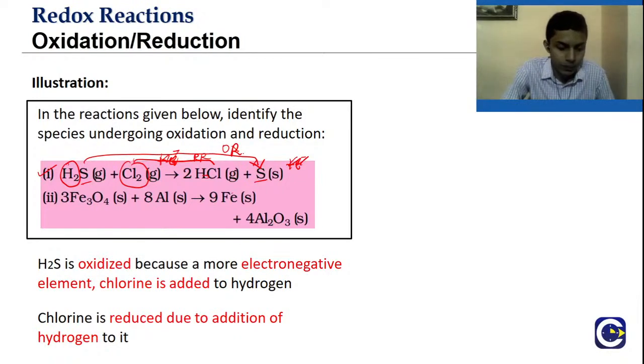Try the second one. Quick. I'm not getting a reply. This is very easy. Why? What happened? Quickly tell me. Third one, which is getting oxidized, which one is getting reduced. That much is sufficient. Yes.